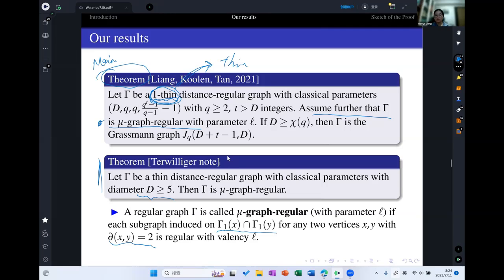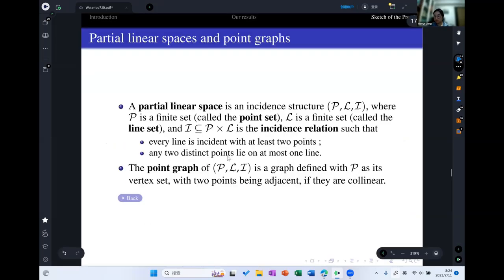So how to prove this? The technique is partial linear space. A partial linear space is an incidence structure (P, L, I), where P is the point set, L is the line set, and I is the incidence relation between P cross L, such that every line is incident with at least 2 points, and any two distinct points lie on at most one line.